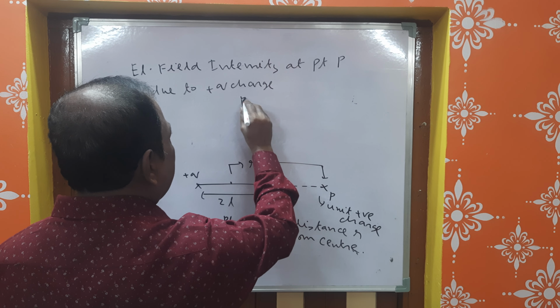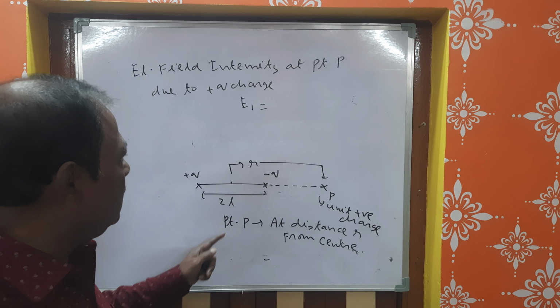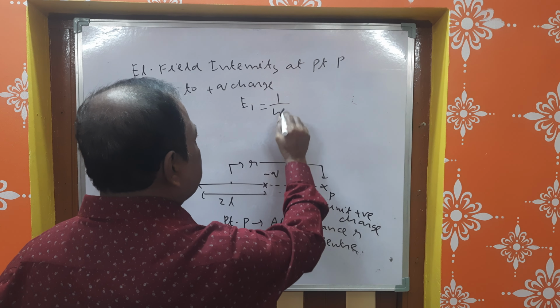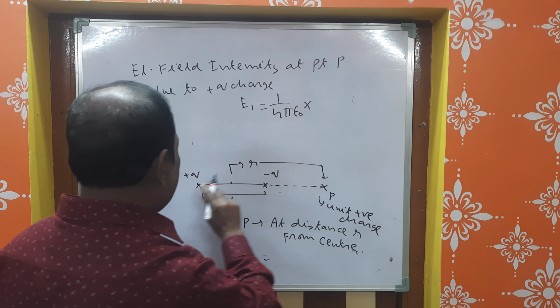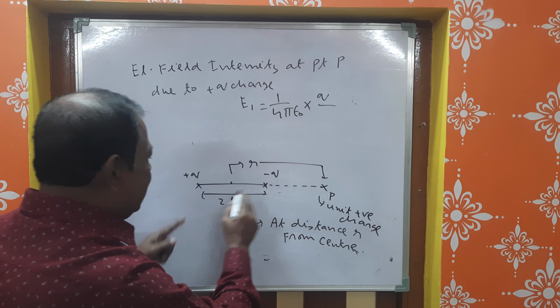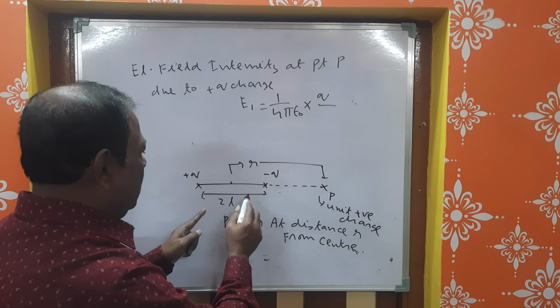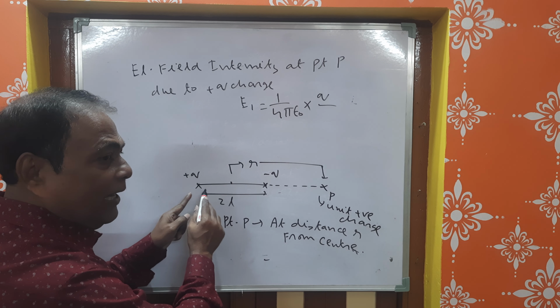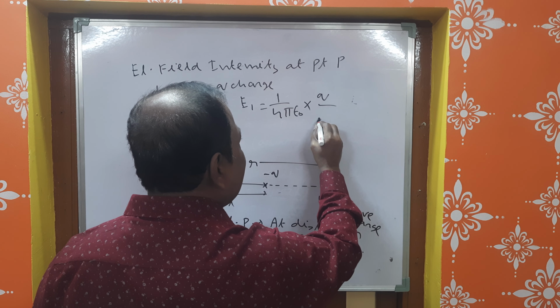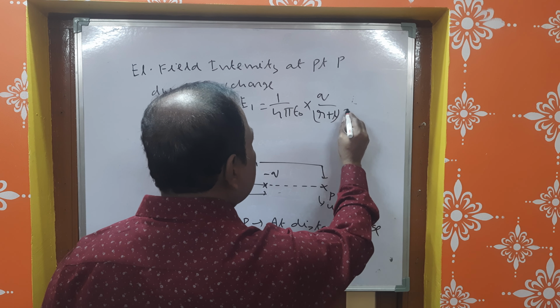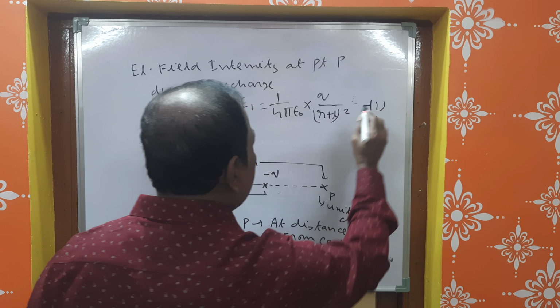That is E1. E1 is equal to 1 by 4 pi epsilon naught into q by the total distance. From here to here is r, from here to here is l. So (r plus l) whole square. That is equation number 1.